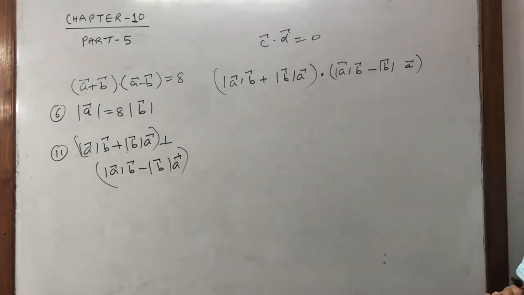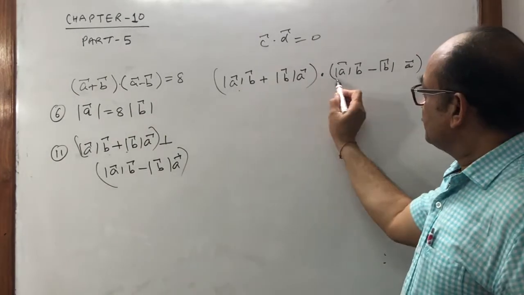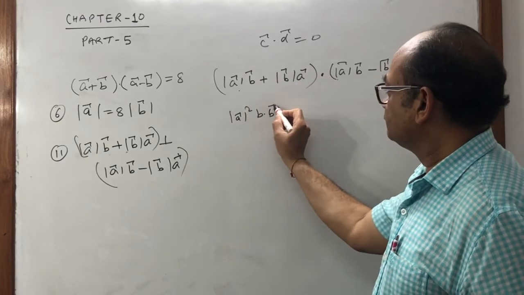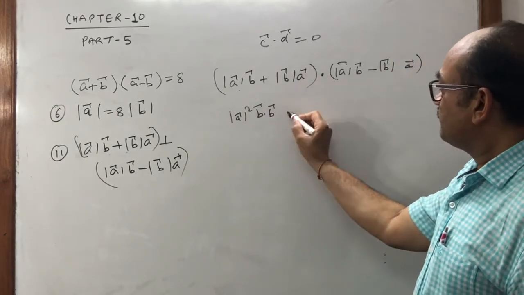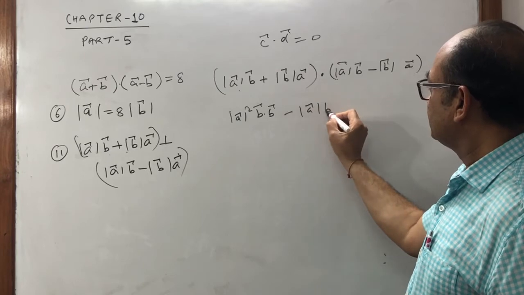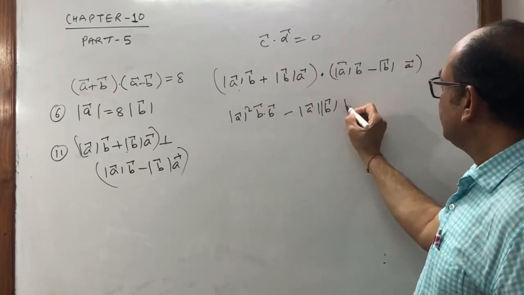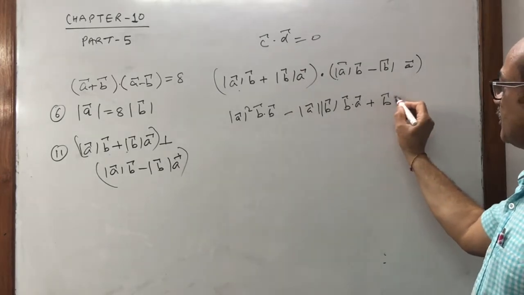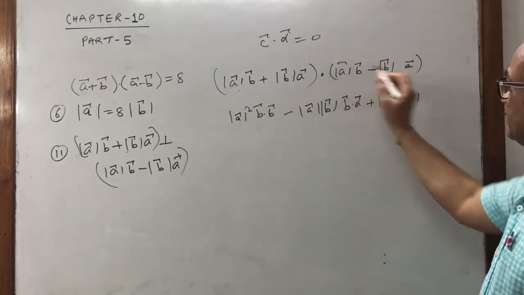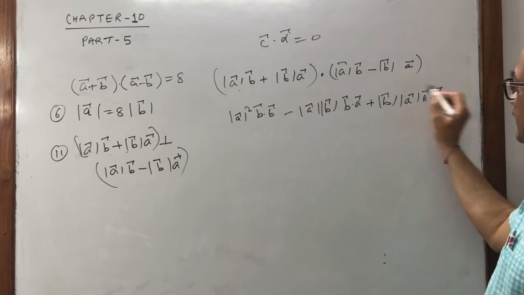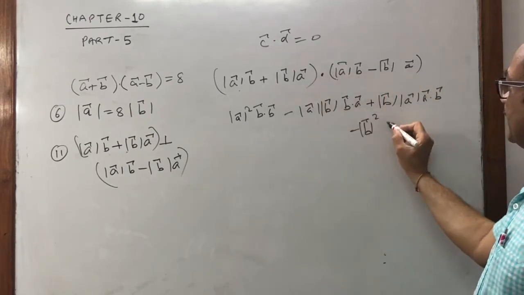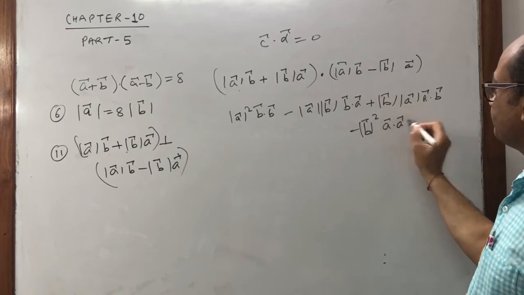Simply we have to open the bracket. This into this: mod A square B dot B, correct, minus mod A mod B, B dot A, again plus mod B mod A, A dot B, and the last minus mod B square, A dot A.